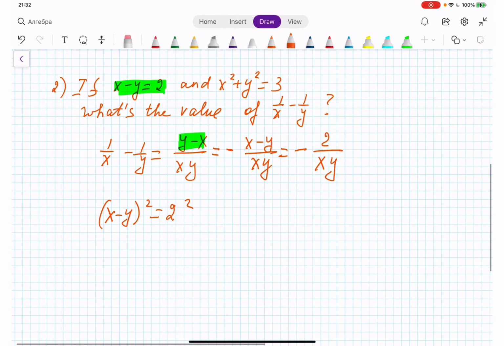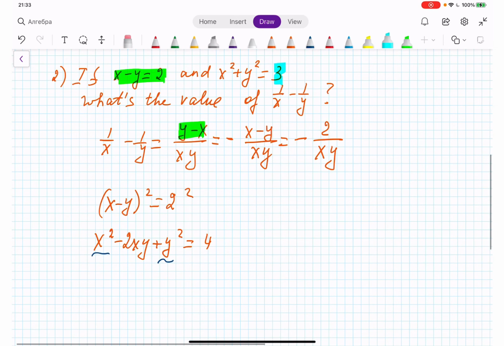Now let me open it, and you will see what connection I see between these two. x squared minus 2xy, it's a perfect square, right? Plus y squared equals 4. So as you can see, x squared plus y squared I can replace with 3. Yes? This 3 that is given.